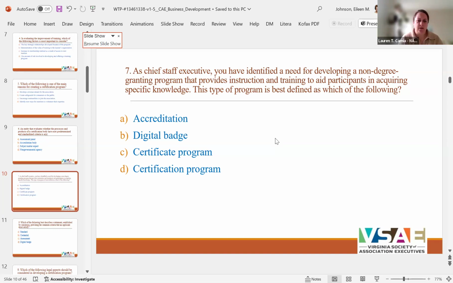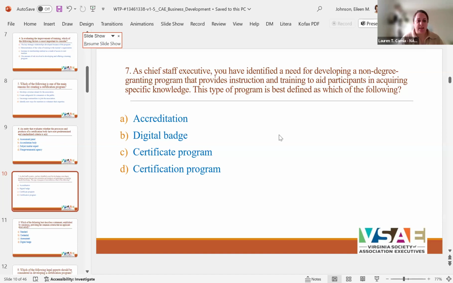Accreditation and certification seem to be more official, like you were describing, more for professional societies and accrediting bodies, and this is that have more knowledge, I think, contained in it.